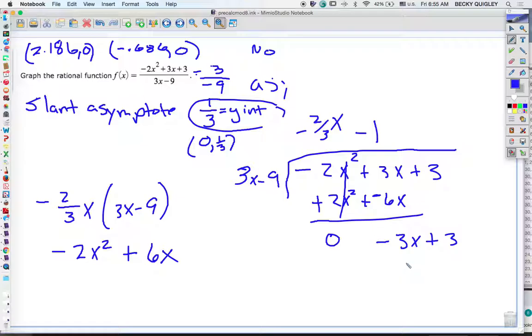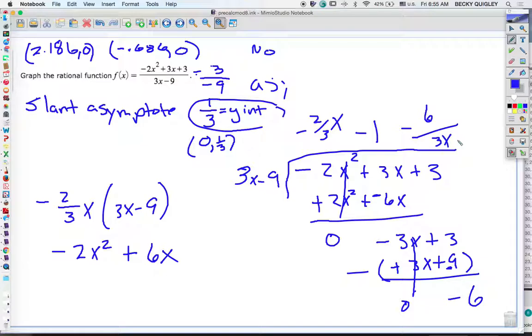So negative 1 times 3x minus 9 is negative 3x plus 9. Again, we're subtracting, just like normal division, so change both signs. That goes to 0, and this goes to negative 6. So we have a remainder of negative 6. And remember, we write our remainders like that.